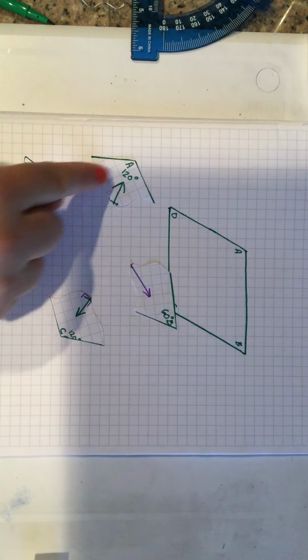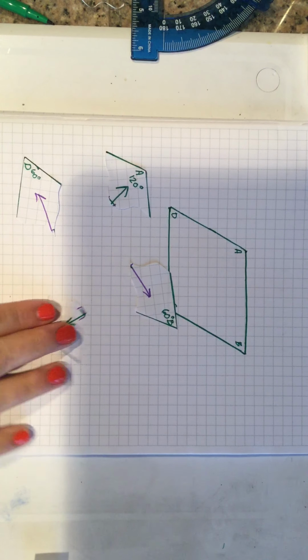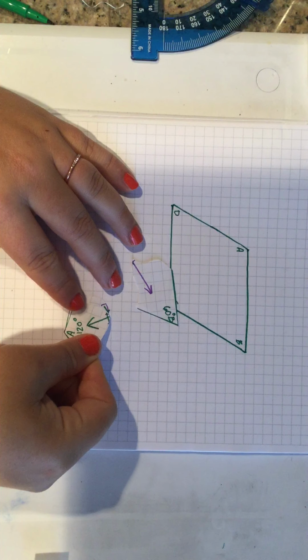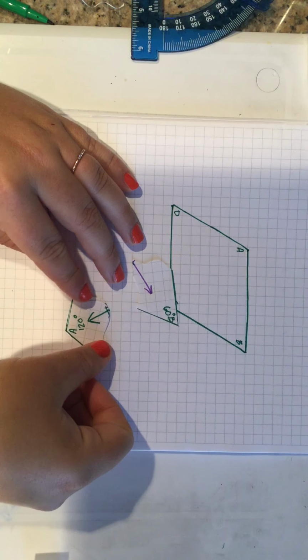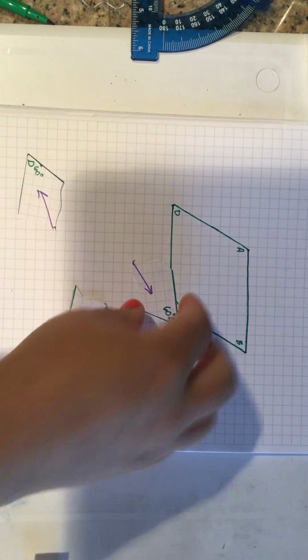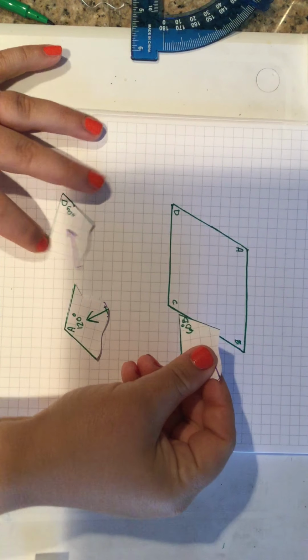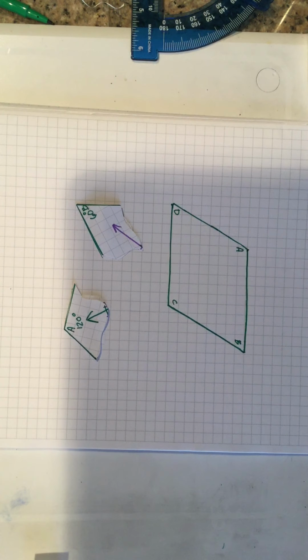Now we're going to put angle A, this angle A, on top of angle C. And we're going to put angle B on top of angle D. What do you notice?